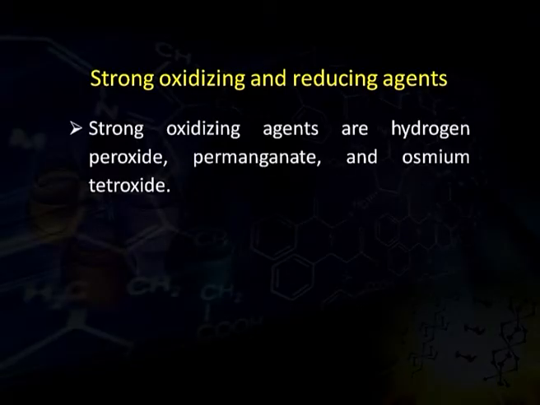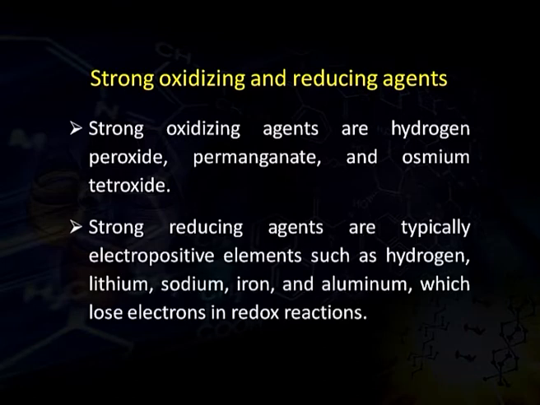The compounds which are undergoing reduction are oxidizing agents, and those compounds which are undergoing oxidation are known as reducing agents. The strong oxidizing agents are hydrogen peroxide, permanganate and osmium tetroxide.